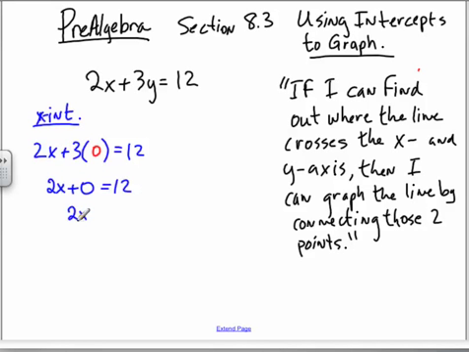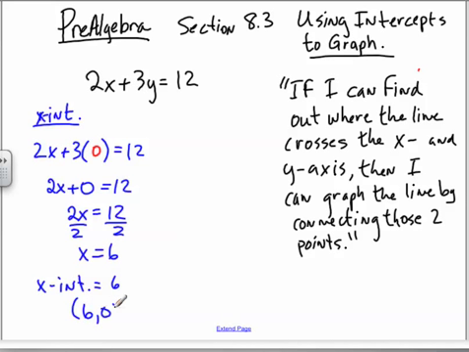That's just 2x, because anything plus 0 is itself, equals 12. Then I divide both sides by 2, and I get x equals 6. So the line crosses the x-axis at 6. The x-intercept equals 6, and its coordinates are 6, 0.